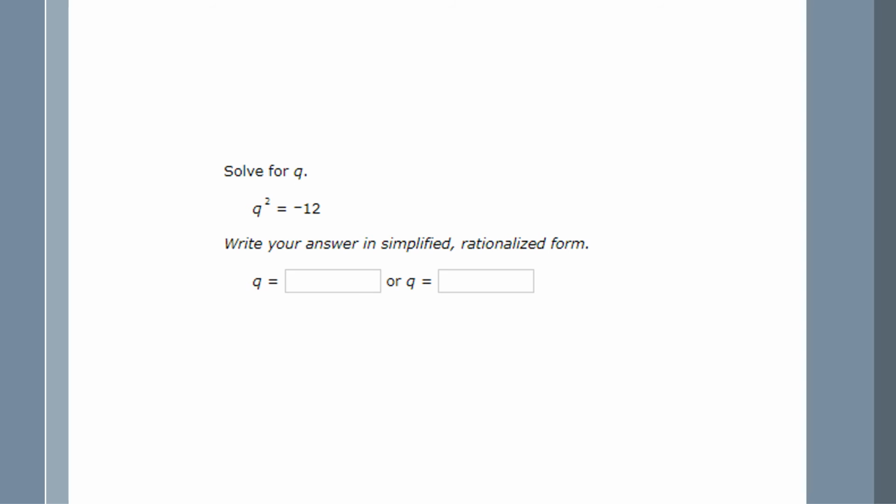I'm going to do this one for you because this is pretty important for you to deal with. So guys, this is negative 12. So when we solve it, of course, you get q equals the square root of negative 12. Okay, so here's the problem with that.